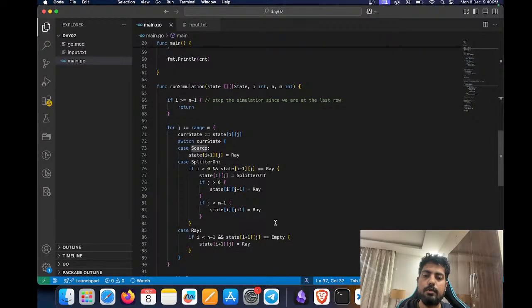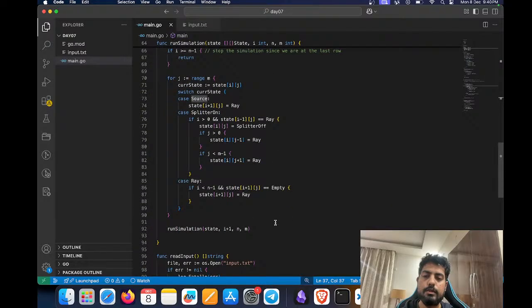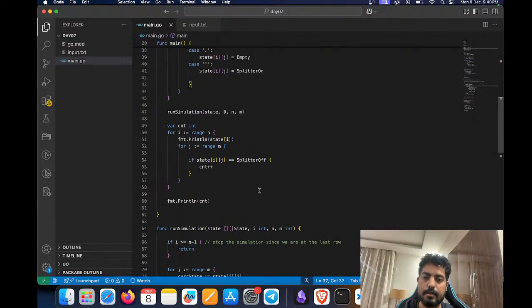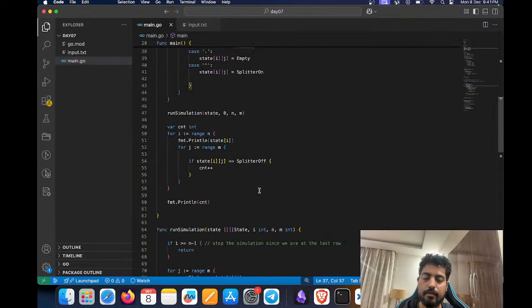I'll also translate this to something, ij. So this is correct, ij. We have not reversed the index anywhere, so we have not made that mistake again.